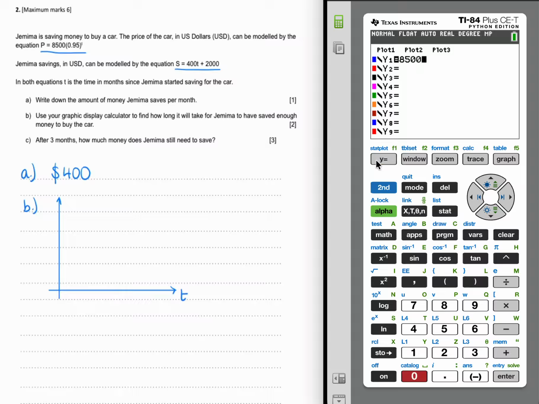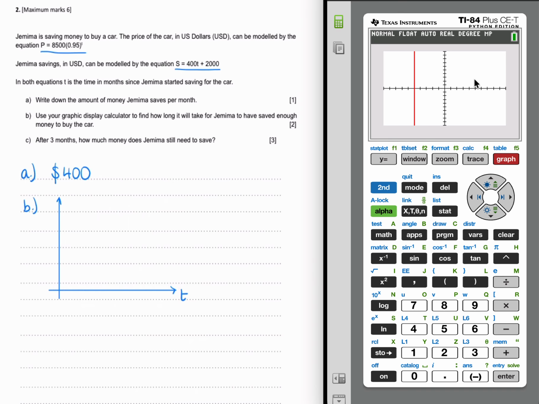So we have 8,500 times 0.95 to the power of, for these purposes, x, and then 400 times x plus 2,000. When we graph this, we'll probably need to change our settings.